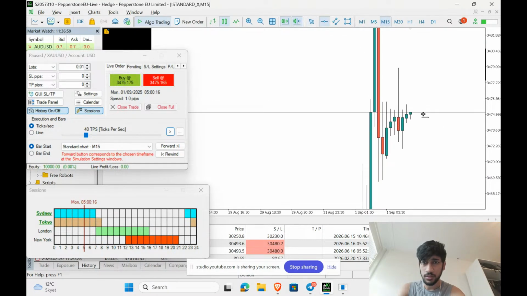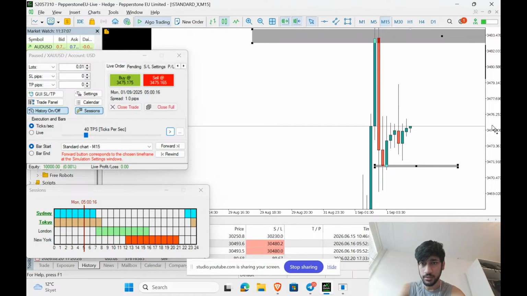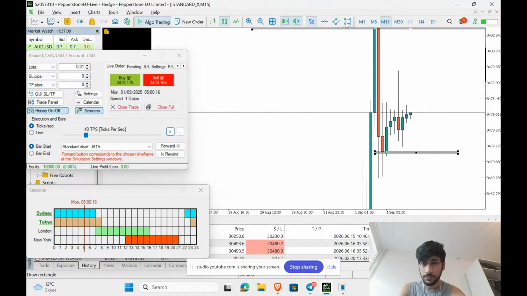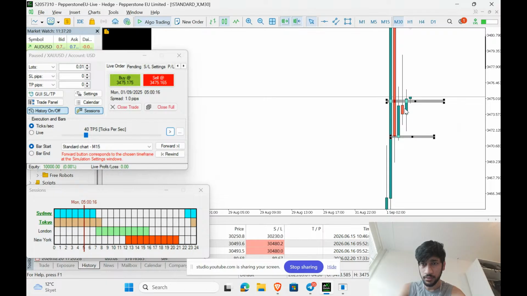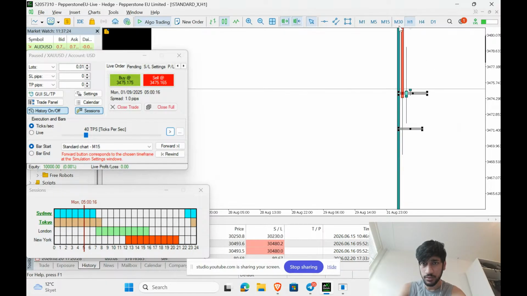I'll just draw the lines. No, looks bad. So you should identify where the bigger range is to buy or sell. We have a clean range, but you can see the candle sizes. The volume to go up is decreasing, which means even though the 30-minute candle closed bullish, the wicks are bigger than the bodies in H1.